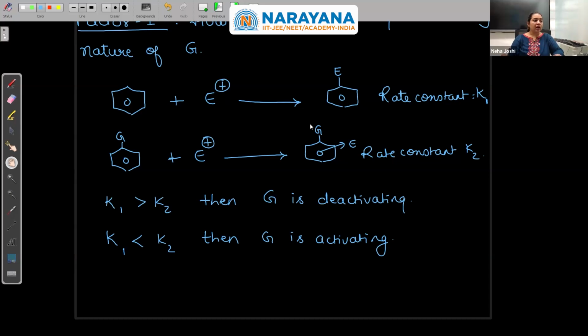This G has done activating and increased the rate of the same electrophilic attack. Then we'll call it activating. Now these terms are fine. There can be some generalizations that I'll share, but certainly only the experiment will be the final call for whether we call this group activating or deactivating.